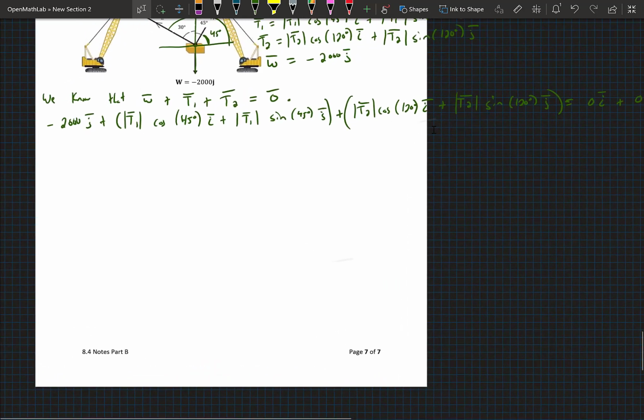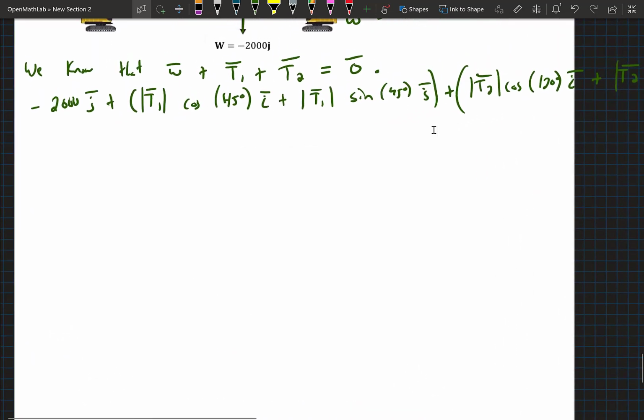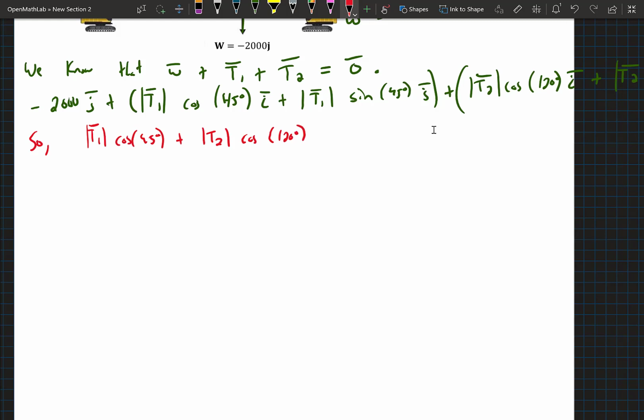So if we just look at the horizontal components, everything with the i's, we get the following: the magnitude of T1 times cosine of 45 degrees plus the magnitude of T2 times cosine of 120 degrees, all in parentheses, times vector i must equal 0 times i.